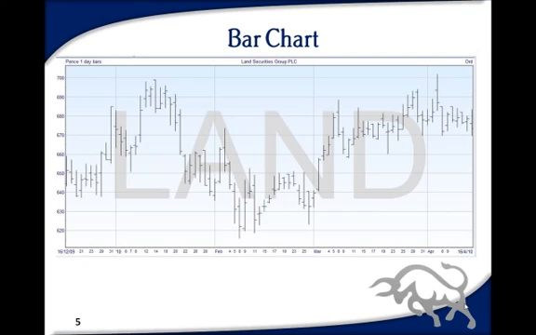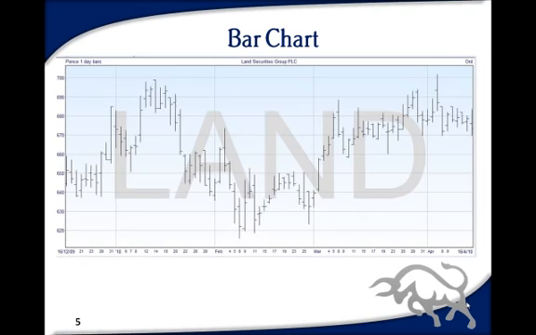But at the end of each day, this little horizontal bar on the right, called the tick, is the closing price, and that's about 618. So we can see we have the opening, the low, the high, and the closing price all shown in one single bar with the ticks for each day. That is called basically a bar chart. It gives us a lot more information than you'll get from just the line chart.